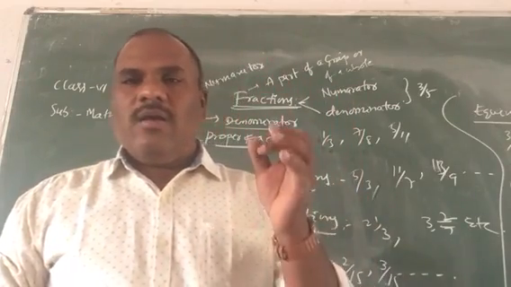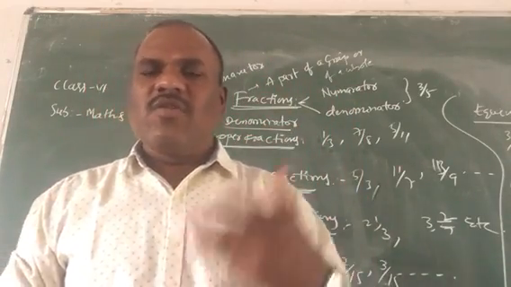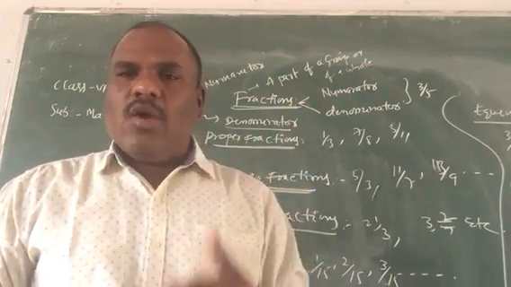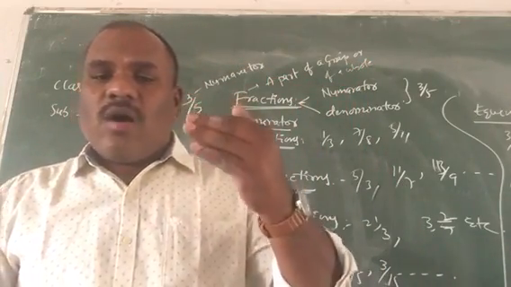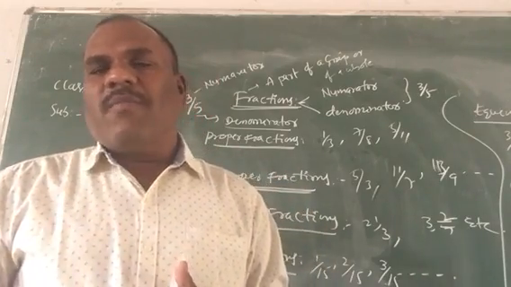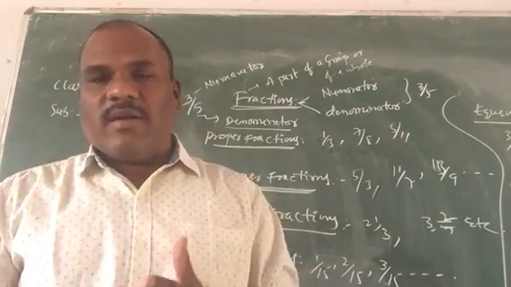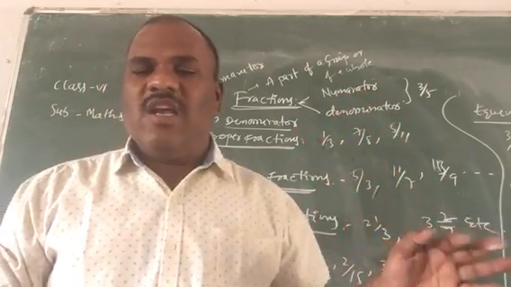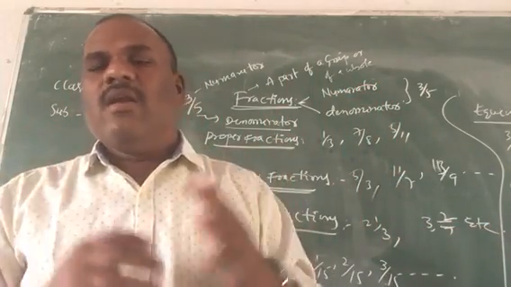Sometimes they can be equal also, children, like 9 by 9, 8 by 8, 2 by 2. These are also called improper fractions. And remember that improper fractions are always greater than or equal to 1, but each proper fraction is less than 1.